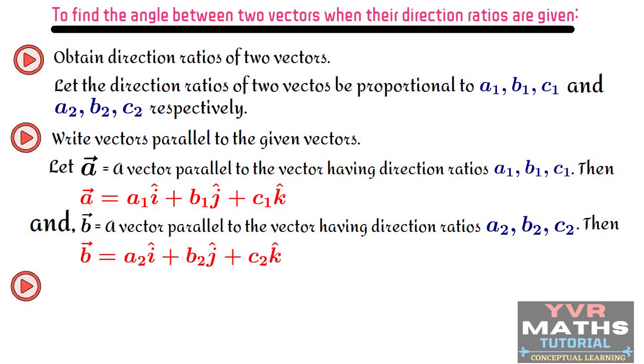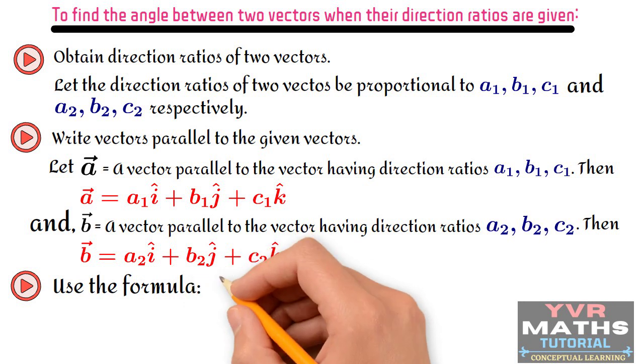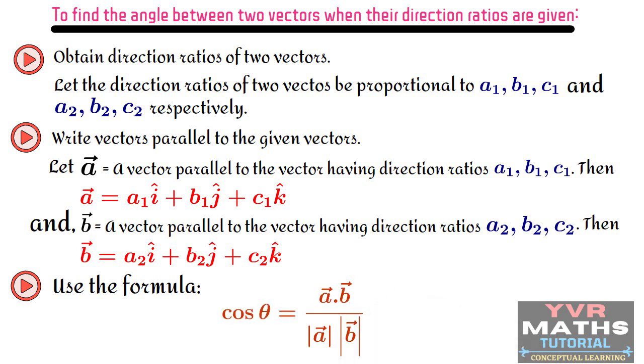And the final step, use the formula to find the angle. What is the formula? Cos theta is equal to a bar dot b bar by modulus of a bar into modulus of b bar. Here, a bar and b bar are built from the direction ratios a1 b1 c1, a2 b2 c2.